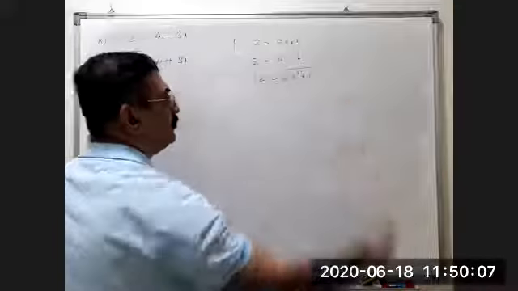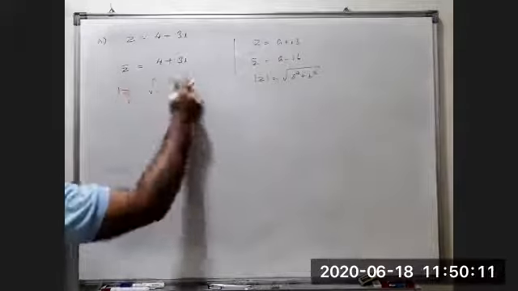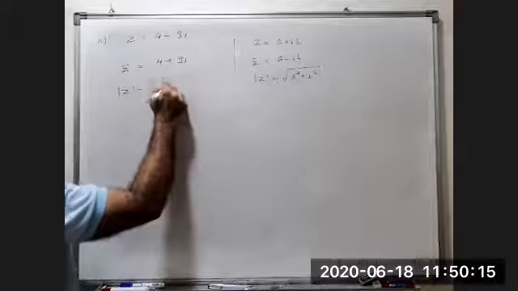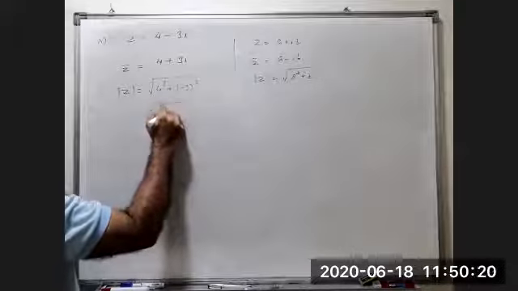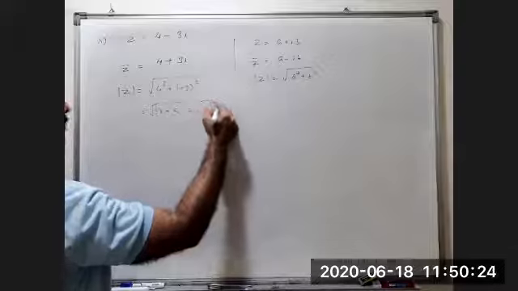This we know. So modulus is root of 4 square plus minus 3 square, root of 16 plus 9, root 25.